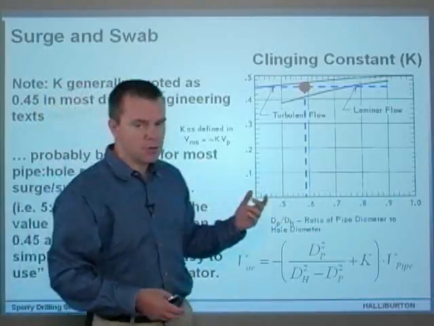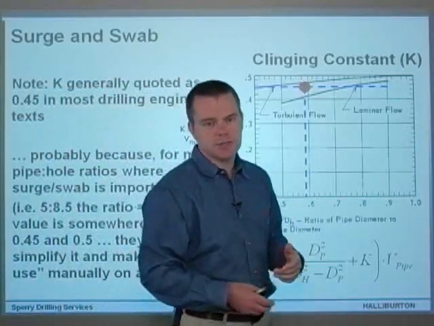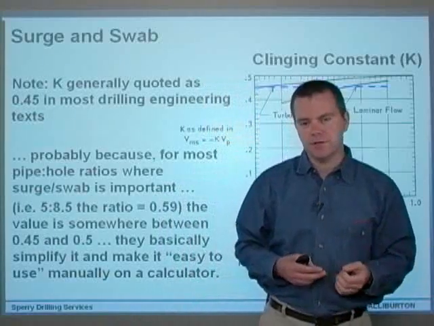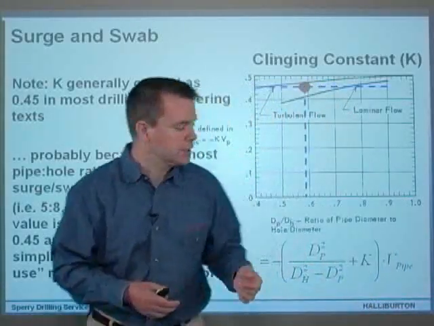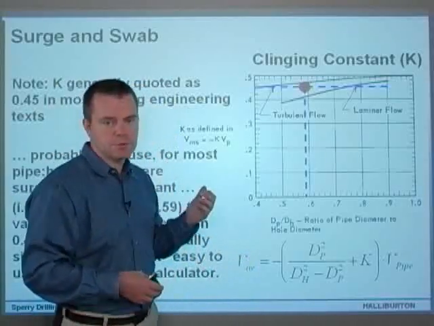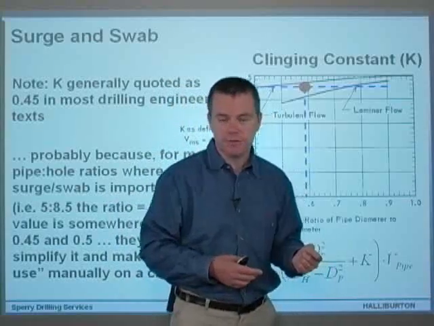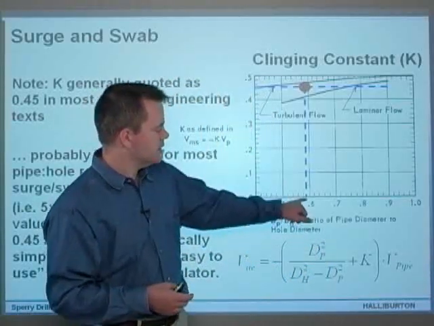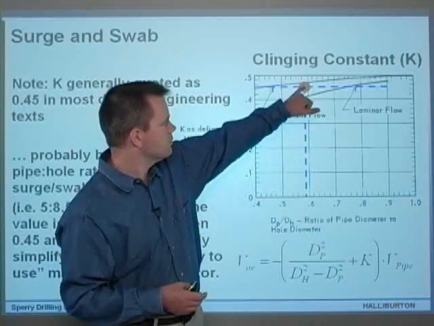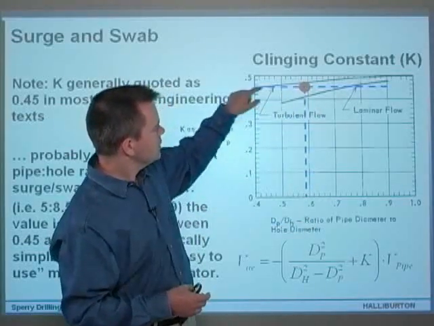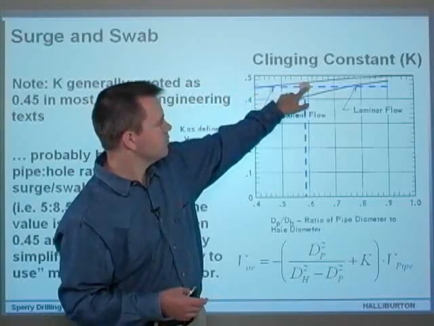The reason that it's normally about 0.45, I would hazard a guess, is that generally the pipe to hole ratios where surge and swab's important, like when you've got 5-inch pipe and 8.5-inch hole, the ratio between 5-inch pipe and 8.5-inch hole is 0.59. If you put 0.59 on the x-axis here and project upwards, somewhere in between the turbulent and laminar flow here, we end up with 0.45.